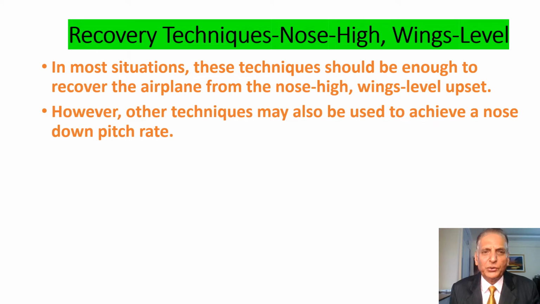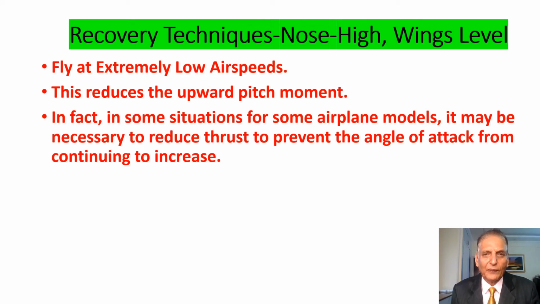In most situations, these techniques should be enough to recover the airplane from the nose high wing level upset. However, other techniques may also be used to achieve a nose down pitch rate. Fly at extremely low air speeds. This reduces the upward pitch moment.